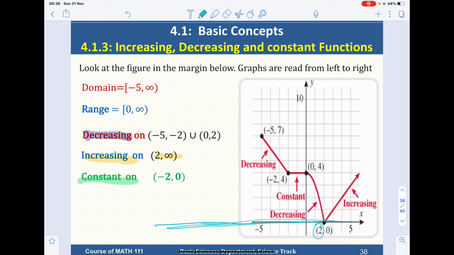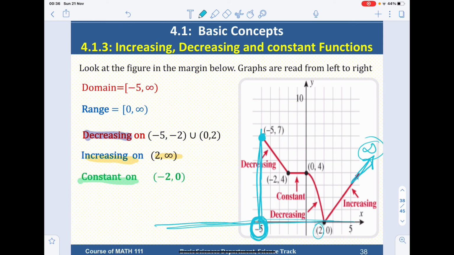The graph starts at this point, because here it is closed. Since here it's open, it does not end at any value of x on the right side of the x-axis, so it goes to infinity. So it would be from negative 5 to infinity.